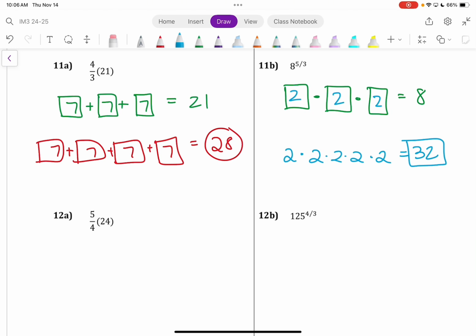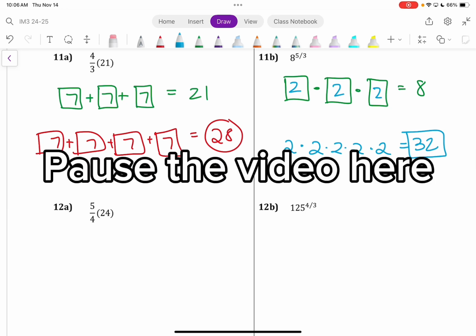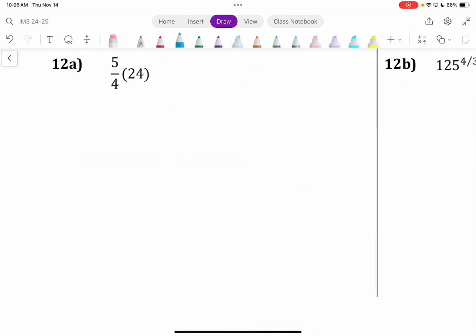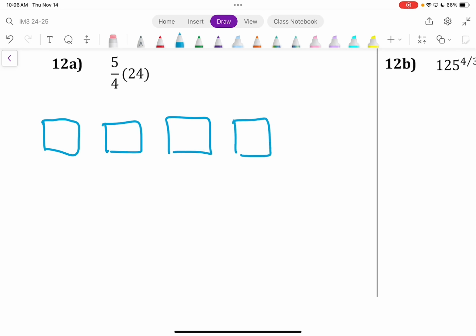Take 1 more minute to finish up 12a and 12b if you haven't already finished. All right, here are your final solutions then. 24 split into 4 groups would need to have 6 in each group.